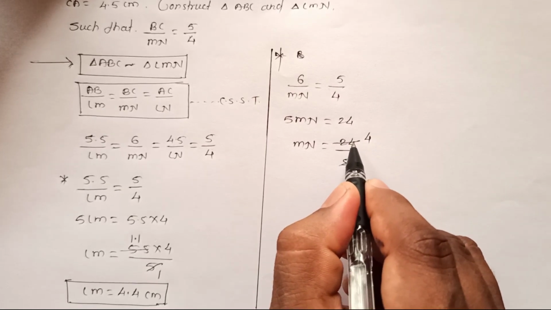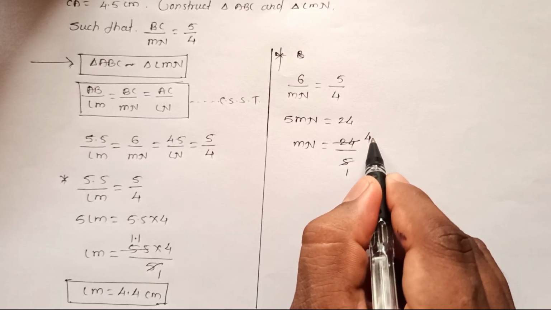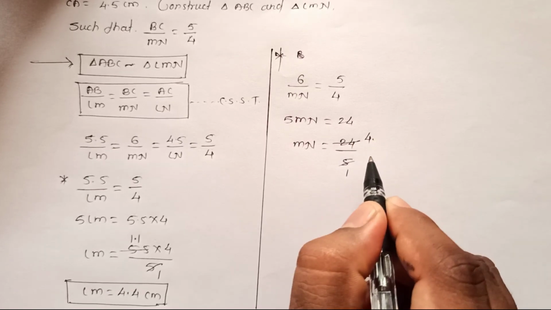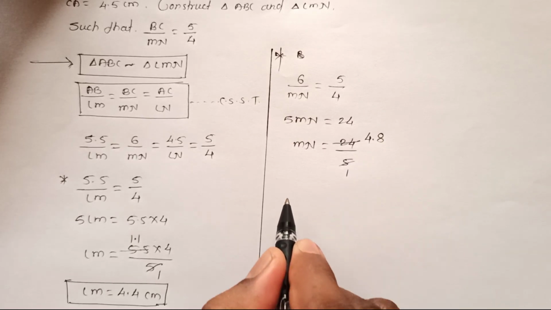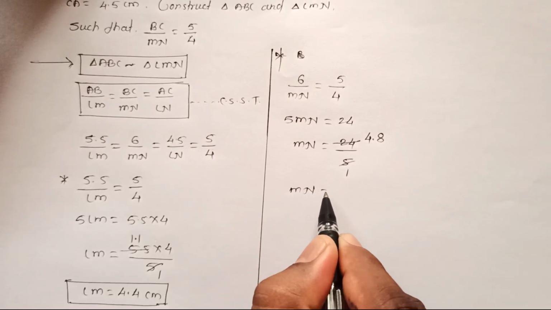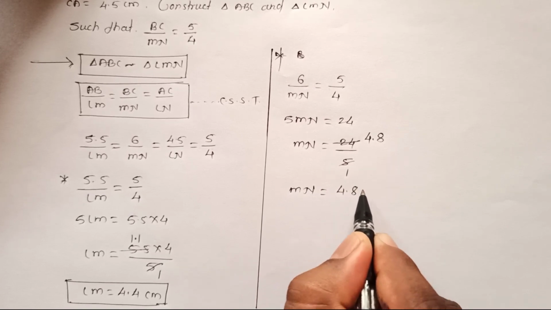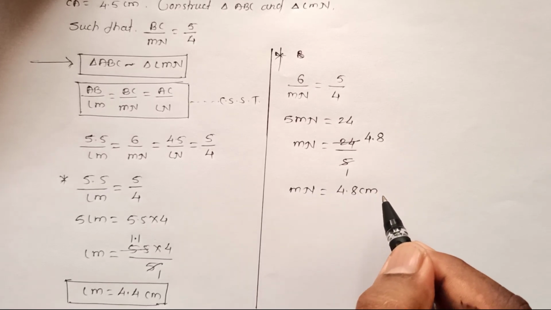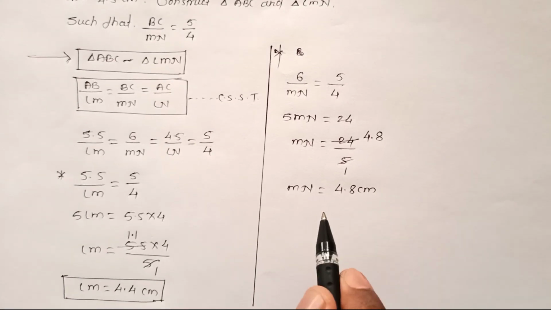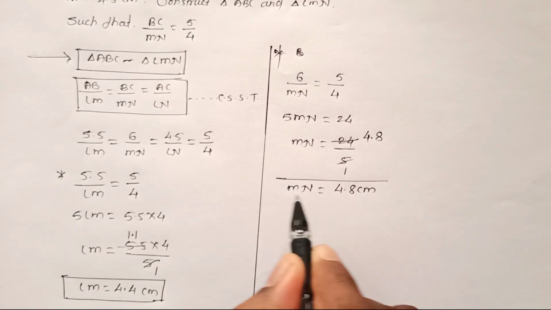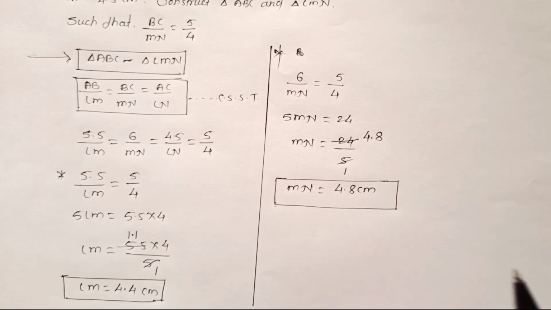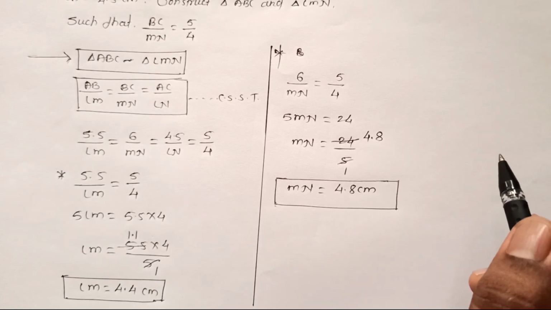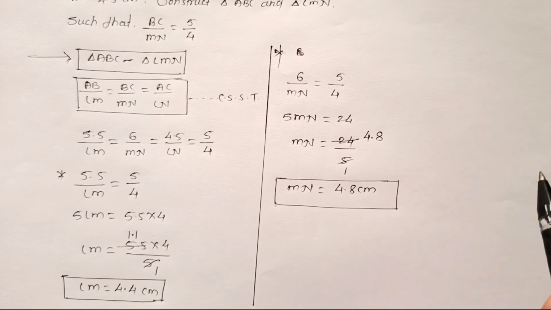How much remains? 4. So take a 0, so the decimal will be here, 5 8s are 40. So MN is equal to 4.8 centimeter. So the second side of the triangle LMN is 4.8 centimeter.